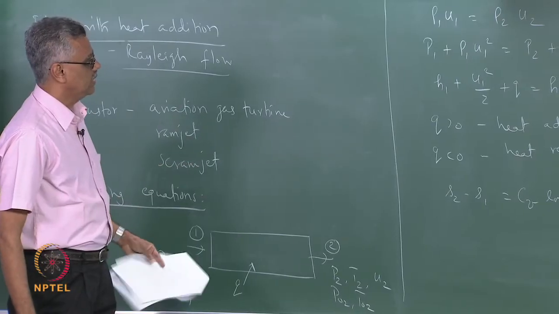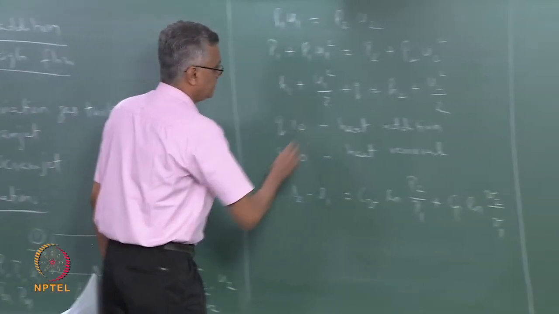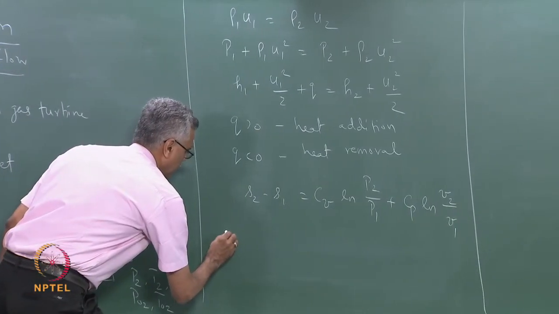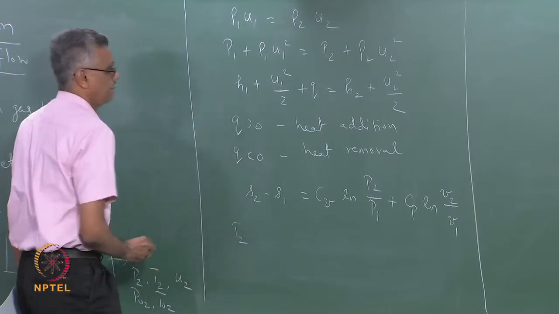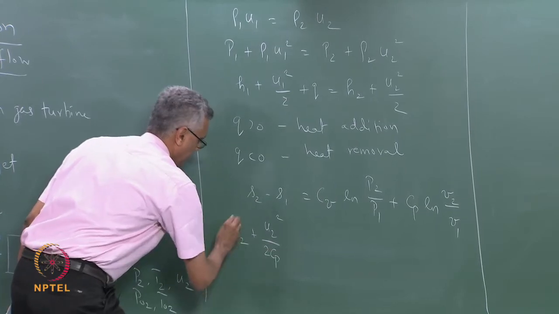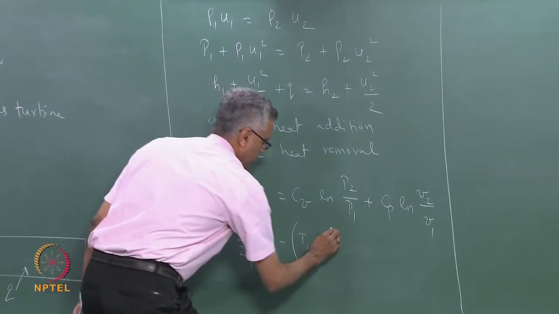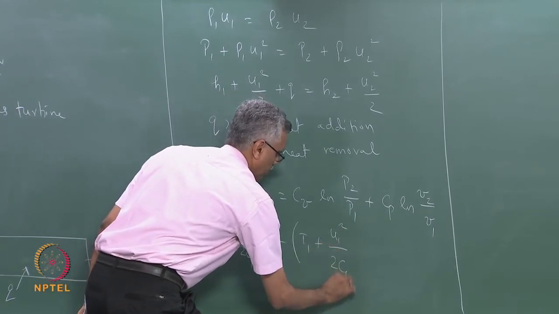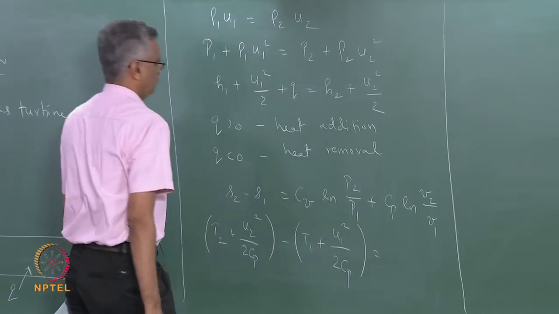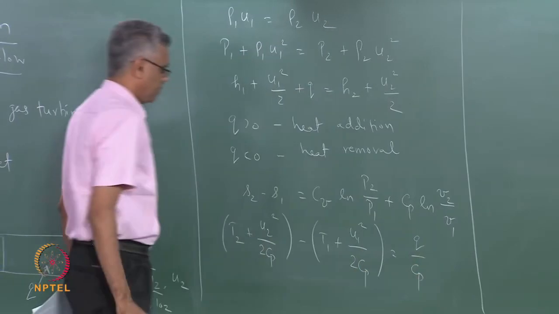Now, if you look at the energy equation, notice that I can rewrite it like this: T2 plus U2 square over 2 Cp, minus T1 plus U1 square over 2 Cp, is equal to Q over Cp.